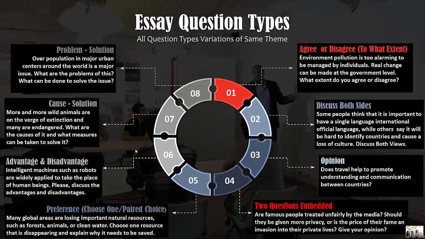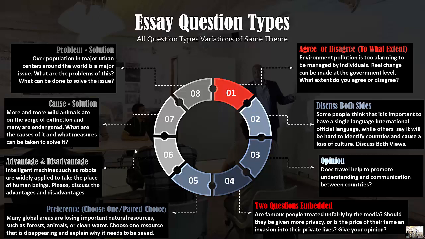Then you have a preference question where you have to choose one out of a list, or you may have a paired choice where you have to choose between 2. And also be aware that it's possible to have a question where you have to choose from 3 or 4 items. That was something that they used to do on the exam a long time ago, but be aware, because anything they've done in the past, they can bring up again.